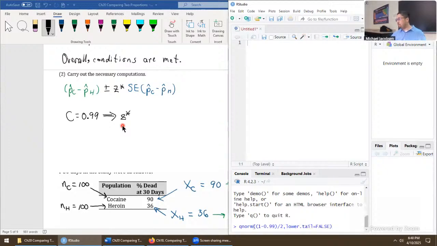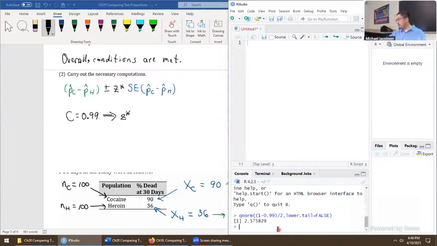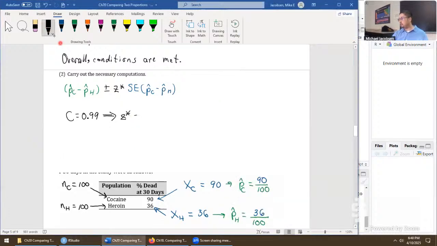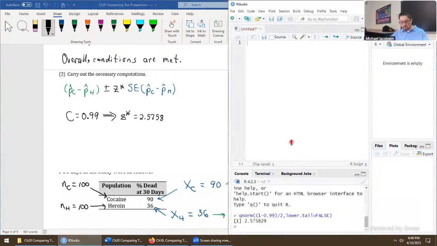So that's our standard operation. If it was a t star, we'd also have to give degrees of freedom. And here's the output down below. Critical number is 2.5758. It doesn't hurt to just share that syntax.